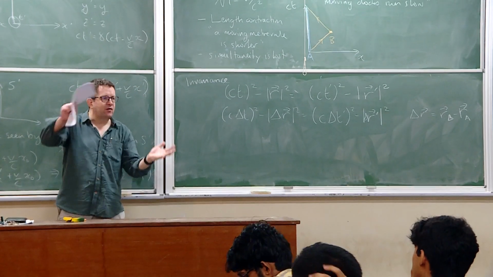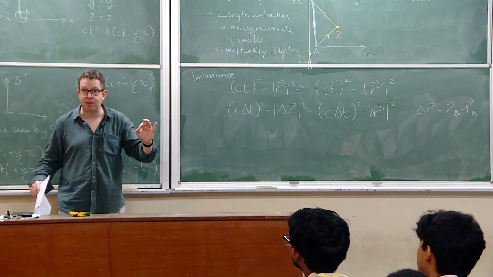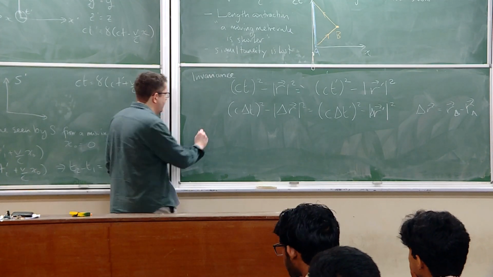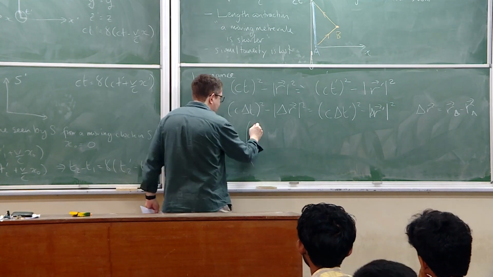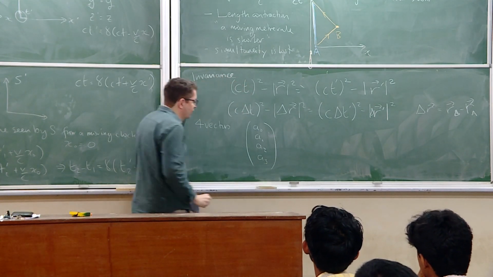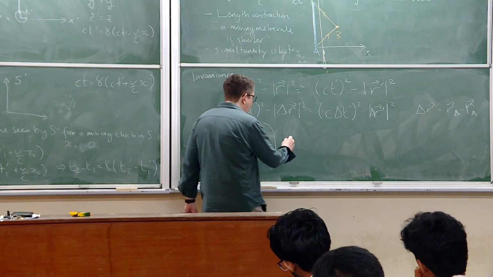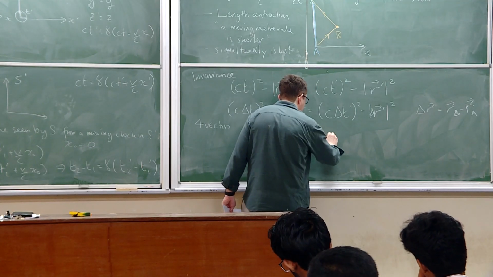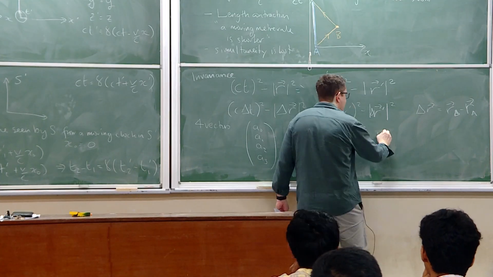So this invariance that we had with rotations, with what we call a 3 vector, something with an x component, a y component, a z component. In relativity, we also have vectors, but we make them 4 vectors, okay? And they will have an extra component, A0, at the top. What these 4 vectors have is that A0 squared minus A1 squared minus A2 squared minus A3 squared is an invariant.